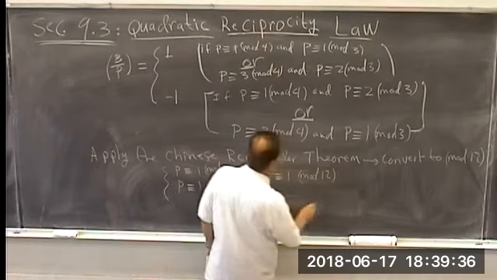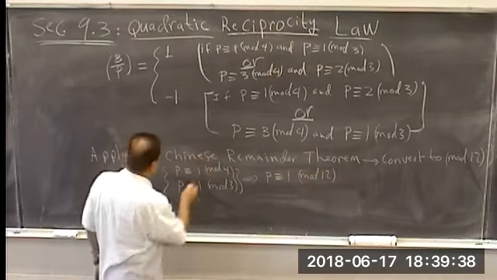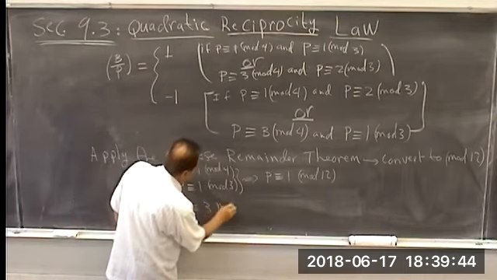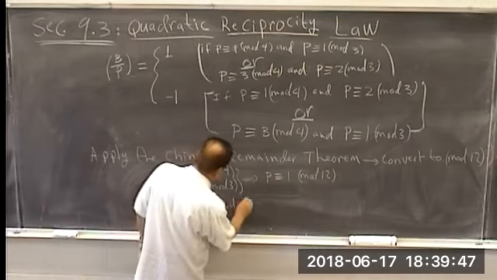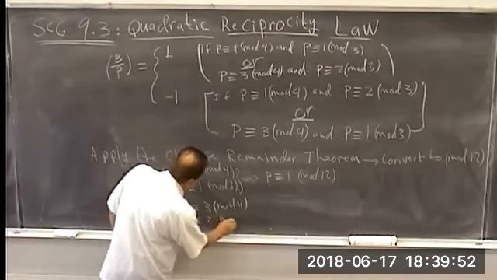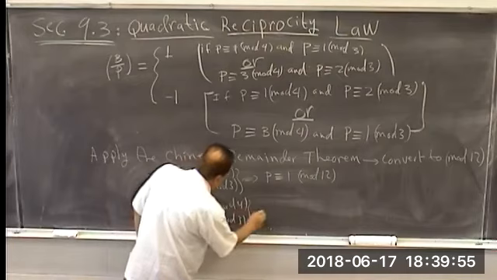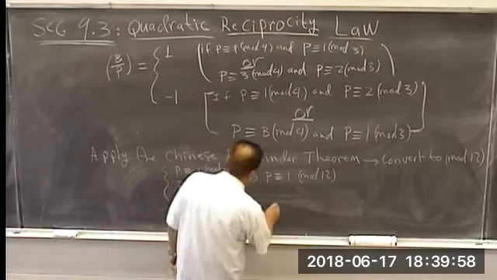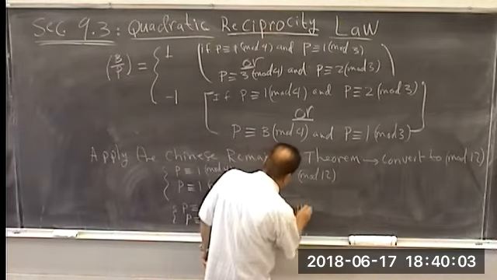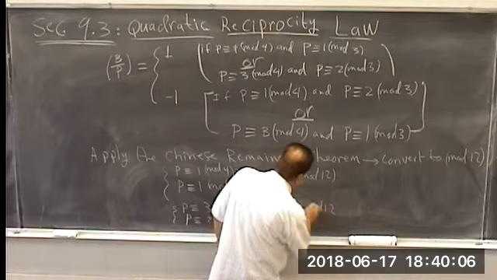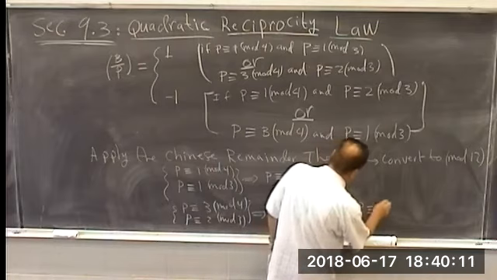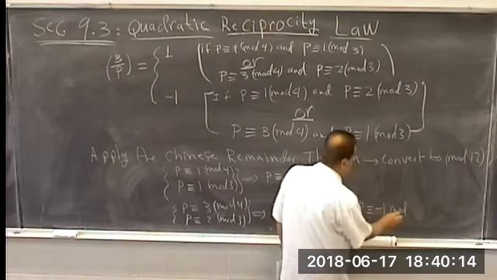And in the second pair, p congruent to 3 mod 4 together with p congruent to 2 mod 3, again the Chinese remainder theorem gives the solution p congruent to 11 mod 12, which is equivalent to p congruent to negative 1 mod 12.